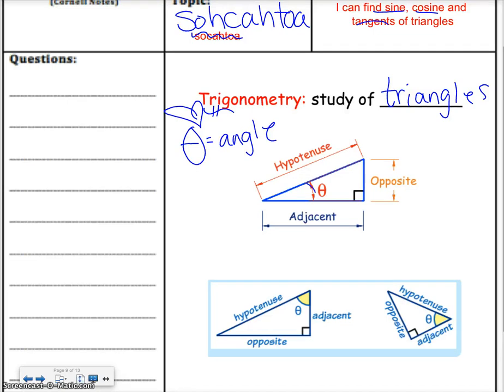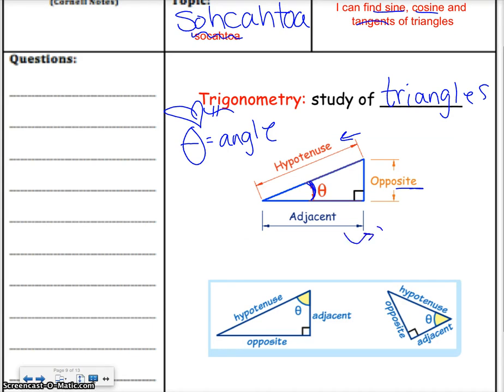And if we're looking at this theta, which connects these two segments, then given this, the opposite over here doesn't touch the angle theta. Hypotenuse is always opposite of 90. So you find 90, go opposite. That's the hypotenuse. And adjacent is the segment that's sticking to the angle. So adjacent is sticking to it.